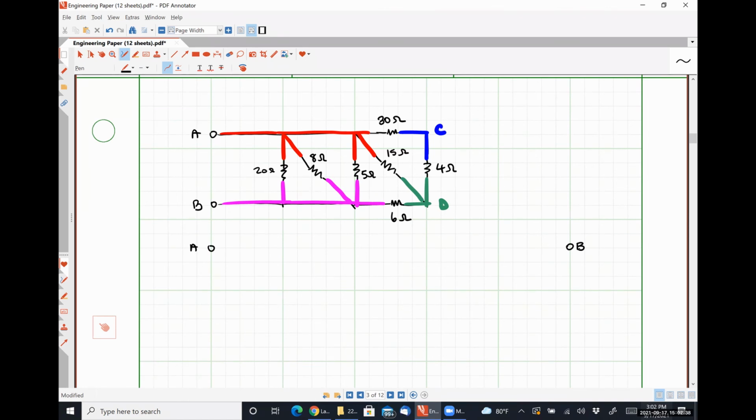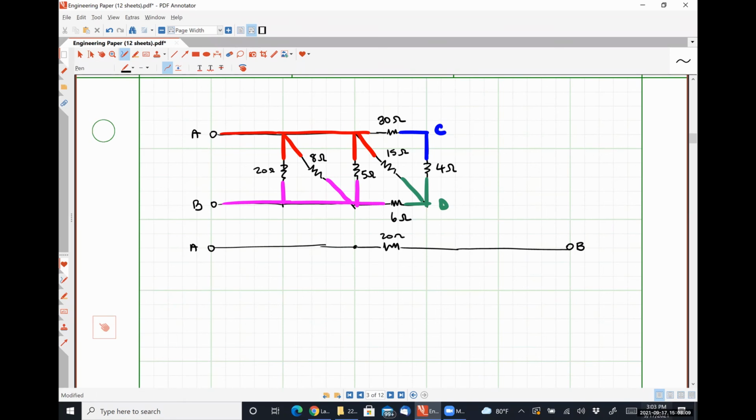So let's start with something simple. Is there any direct path through a single resistor from node A to node B? There are 3 of them, right? So I can go directly from A to B through the 20 ohm resistor.